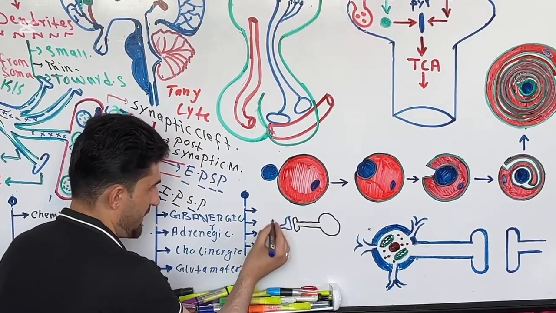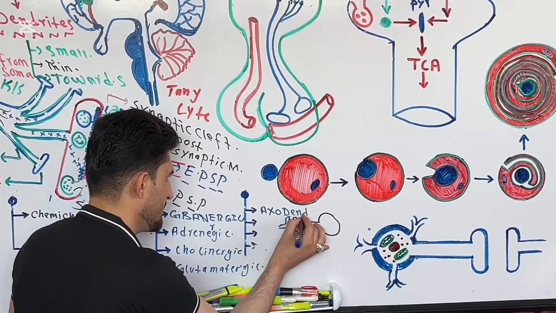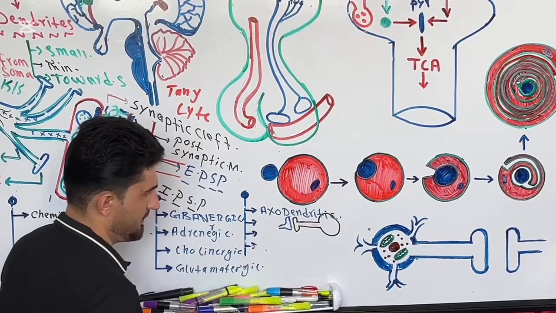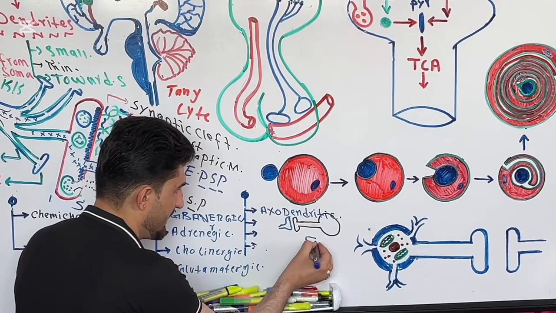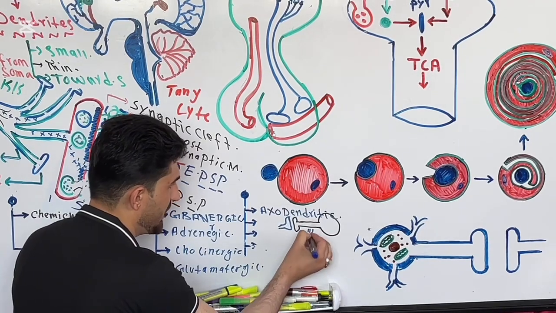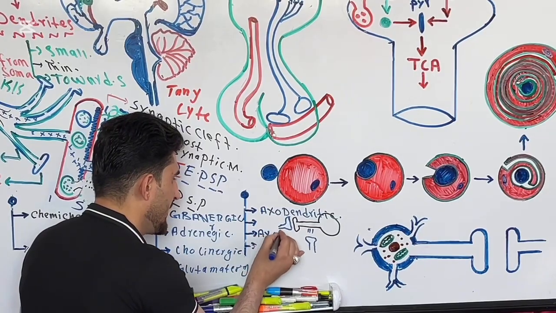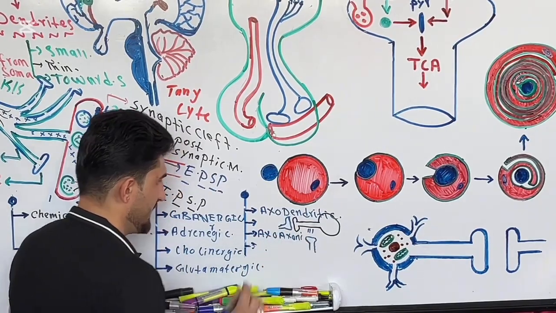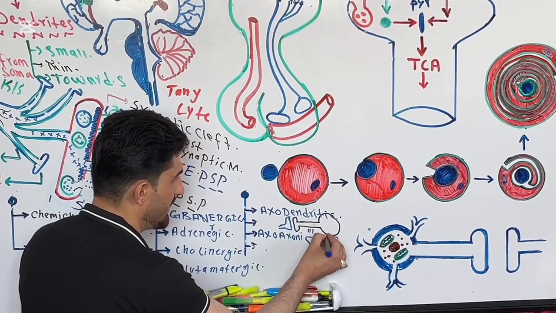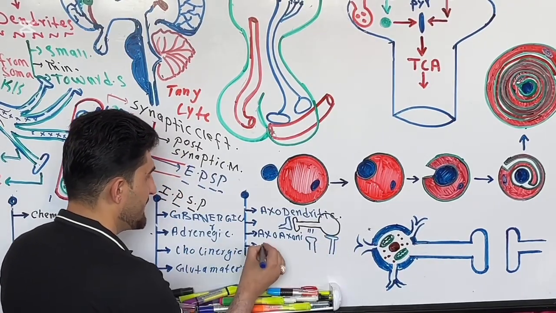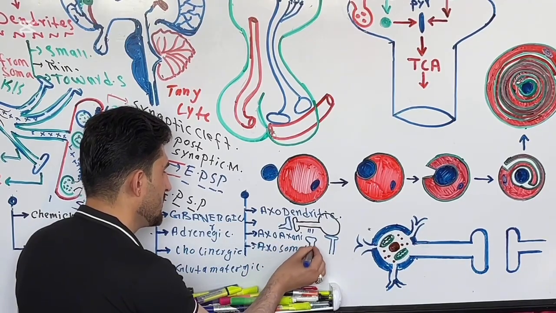This type of synapse is called axodendritic synapse. Another one is between two axons. For example, this is an axon, this is also an axon. Communication between two axons is called axoaxonic synapse. Another one is between the axon and the soma, and this is called axosomatic synapse.